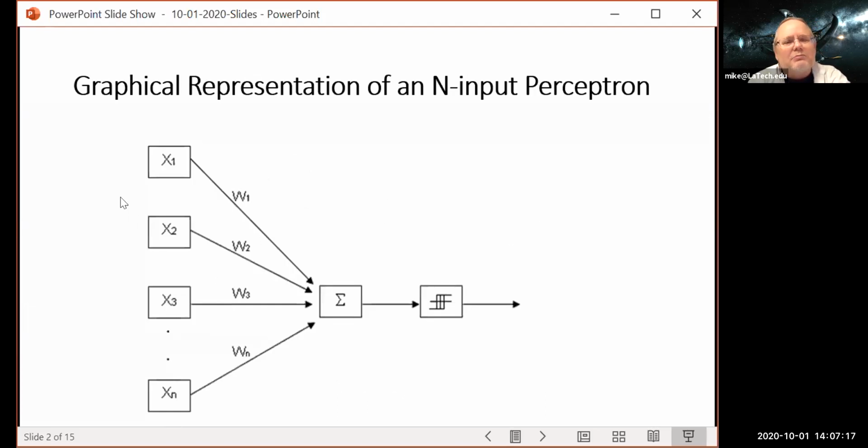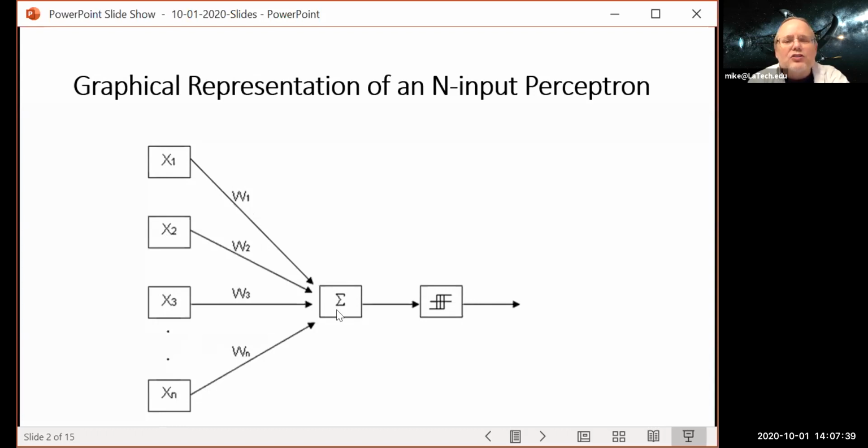Well, we simulate that by saying we will take the weighted sum of each of the inputs. So x1 times w1, x2 times w2, x3 times w3, xn times wn, and we add all those up. So they go into a summation unit here.